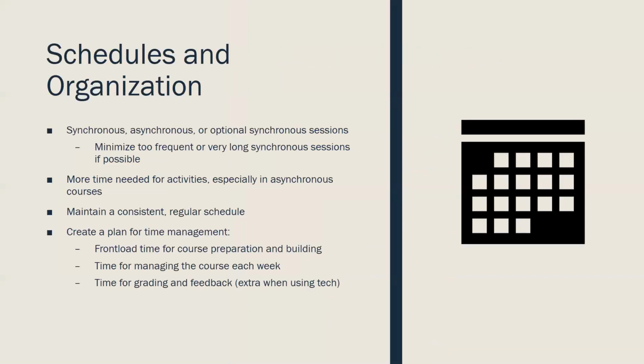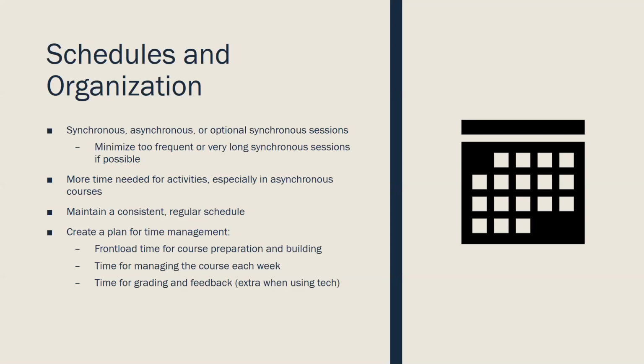Okay, so schedules and organization. In online course space, as I mentioned, instructors can choose to hold synchronous, asynchronous, or optional synchronous sessions for students. Those synchronous sessions are in Zoom, everyone again, same place and same time.